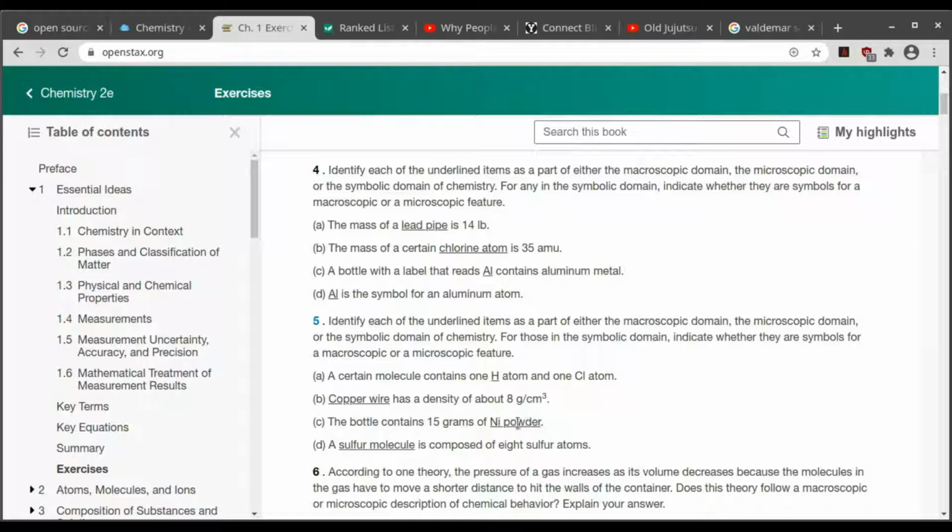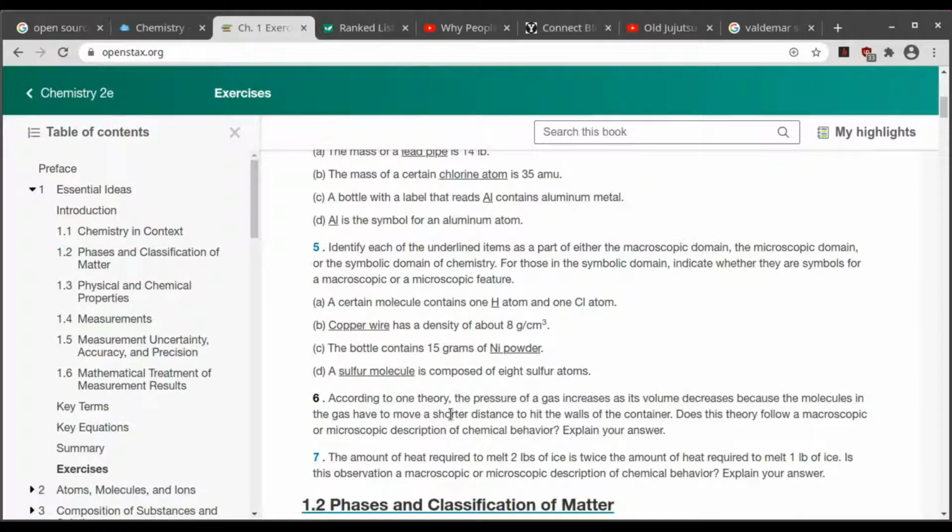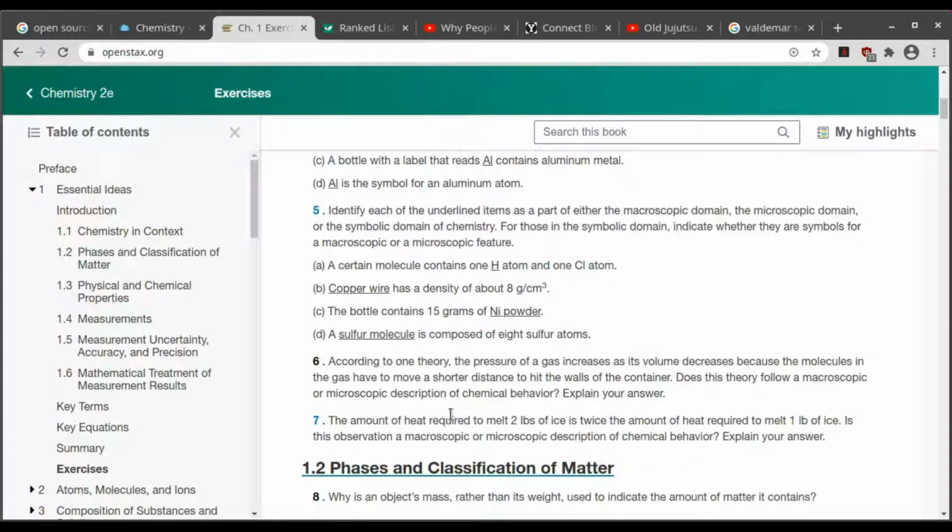Last question. Question number 7. The amount of heat required to melt 2 pounds of ice is twice the amount of heat required to melt 1 pound of ice. Is this observation macroscopic or microscopic of the chemical behavior? Explain your answer. So we're talking about temperature.